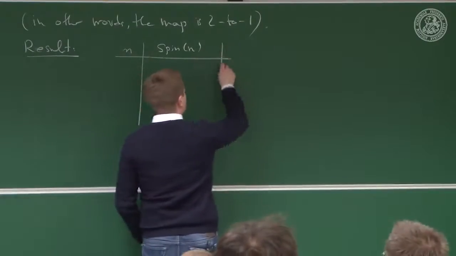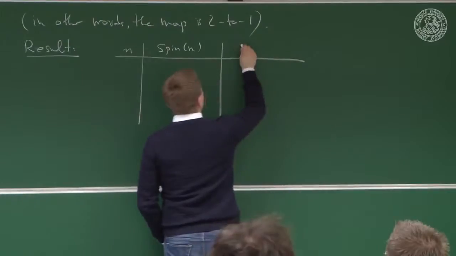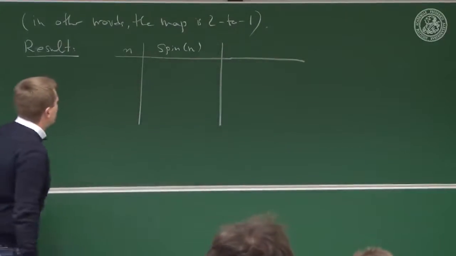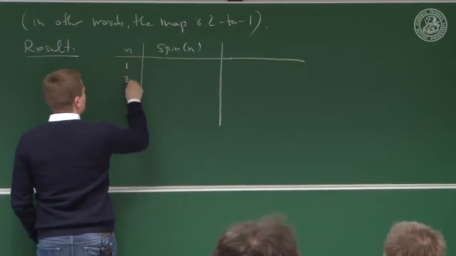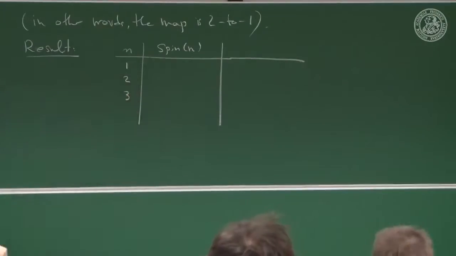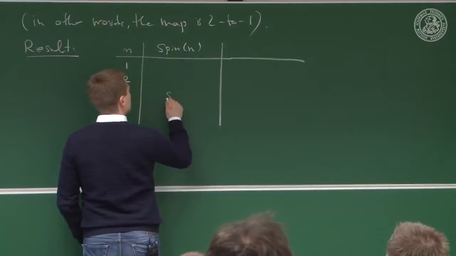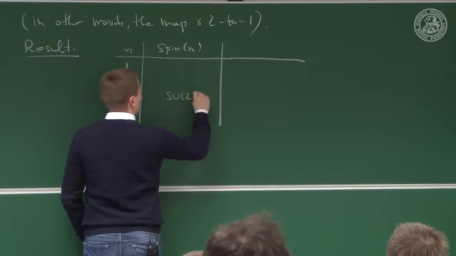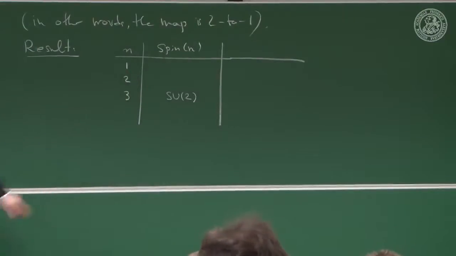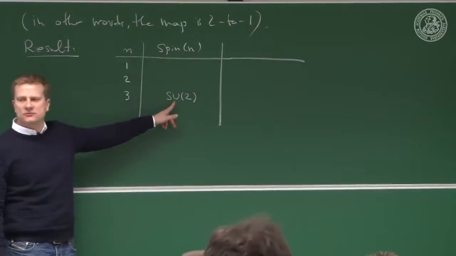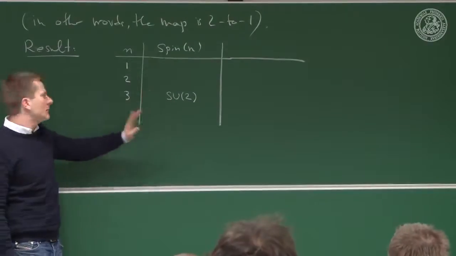And we'll also look at spin, well, I'll do that in a second. So in 1, 2, 3 dimensions, what's this spin n group? Well, what you all need to know is that in 3 dimensions, the spin 3 group, spin 3, is SU2. Okay? One can check this.